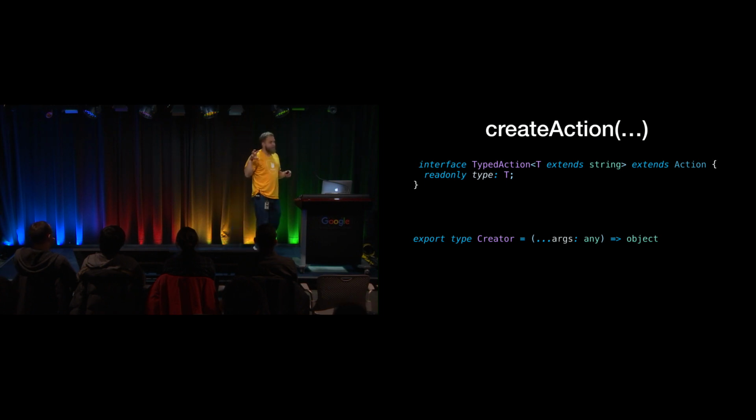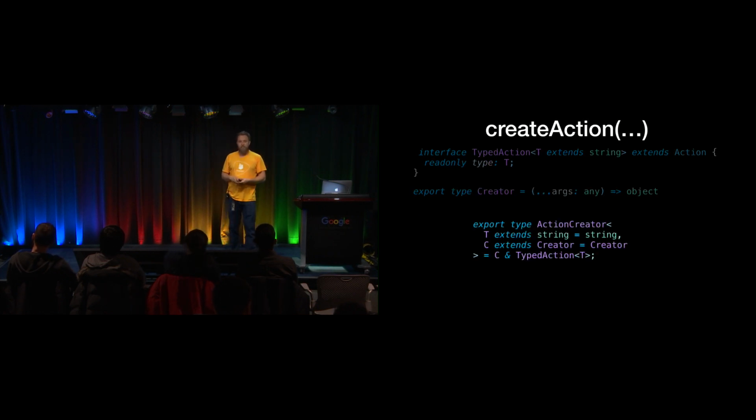Now we're trying to combine those two things together. OK, so one thing, again, back to this one. Typed action is an object with a type property. Creator is a function. Right? So object and function, two different things. Right? Wrong.